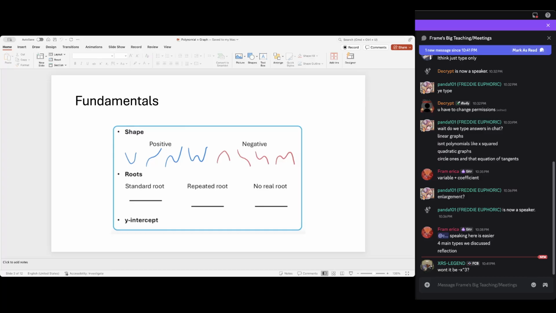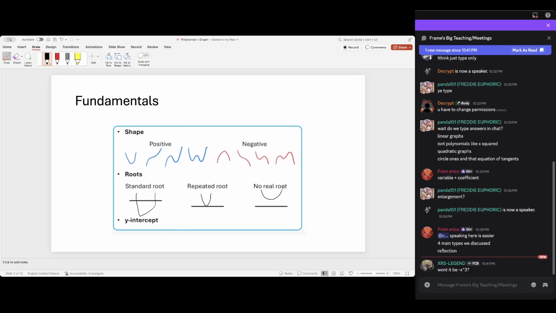And we can see the standard root. I'll draw it if you want, or you can try to. Yes, please. Can you please draw it? No real root, like this. Repeated root, only one, like this.